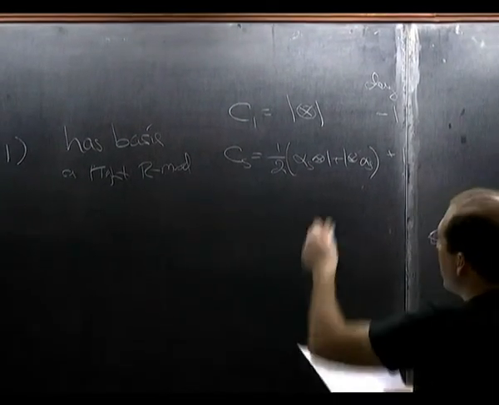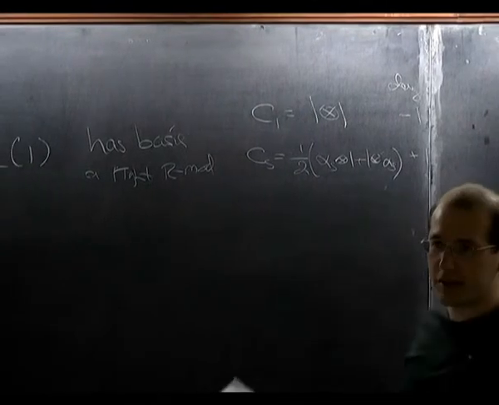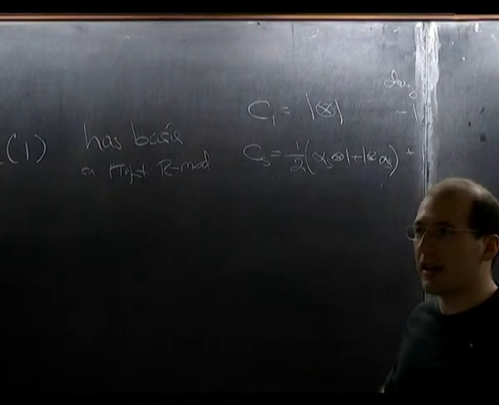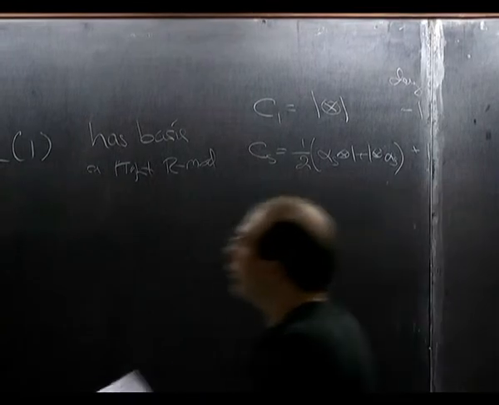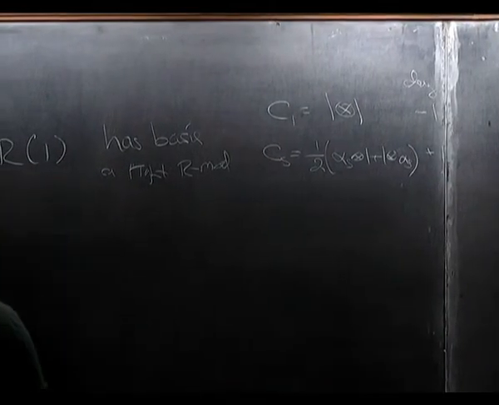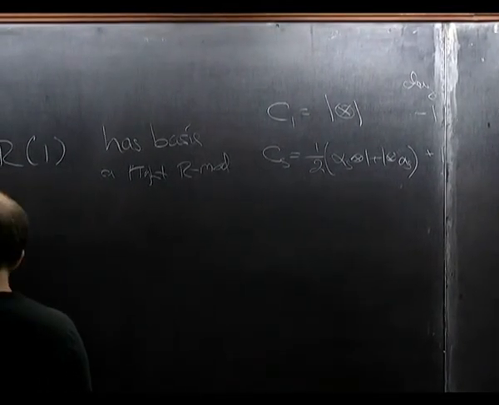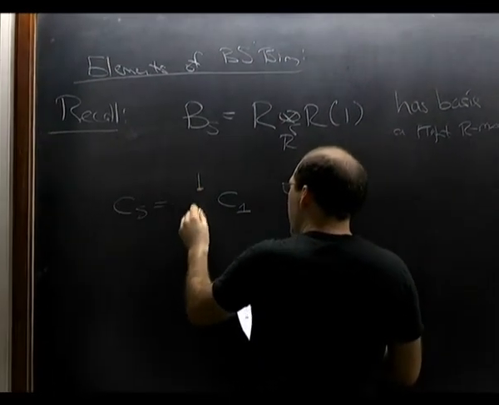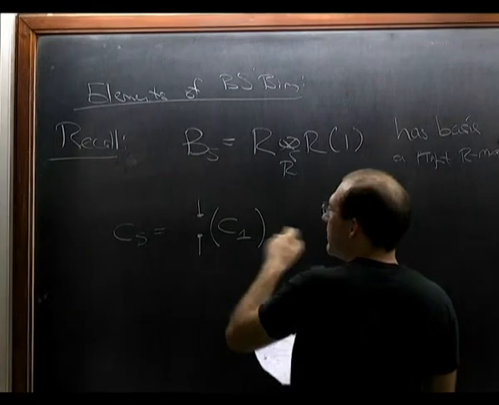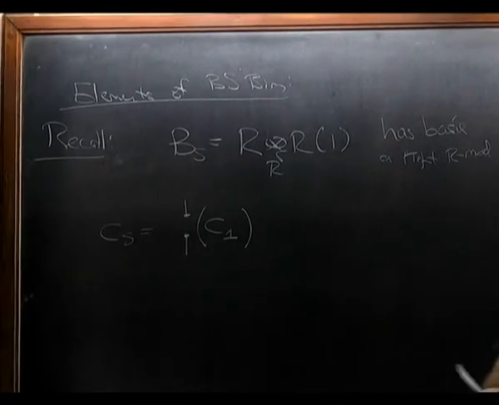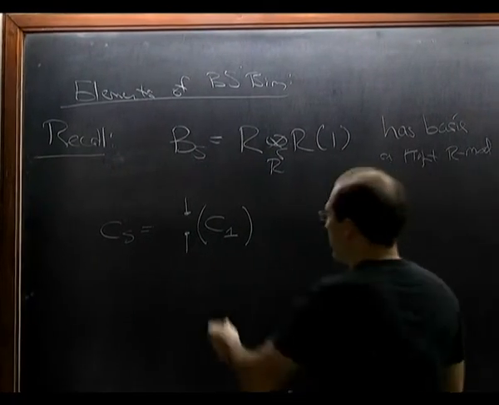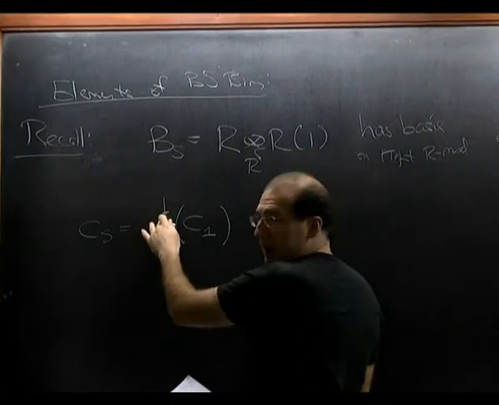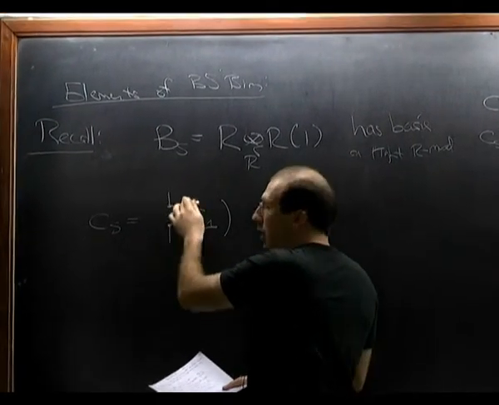Now, what I like to do is think of C1, the lowest degree element, as something canonical, and other things as being built up out of it. So we've already seen that CS is, well, you start with C1, and then you apply this endomorphism of BS. This endomorphism of BS is 1 tensor 1, it multiplies them, and then it does the coproduct.